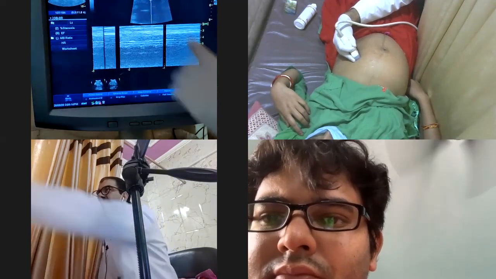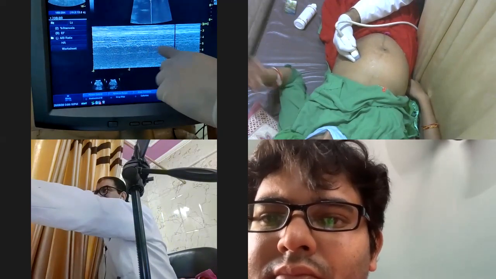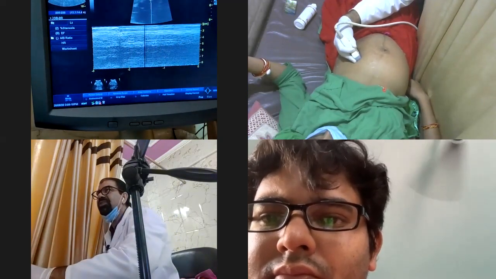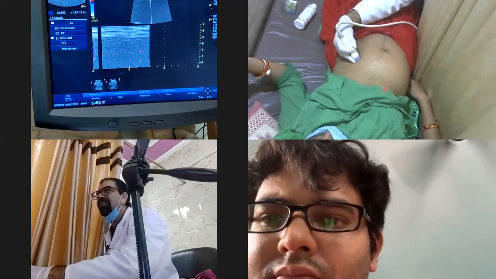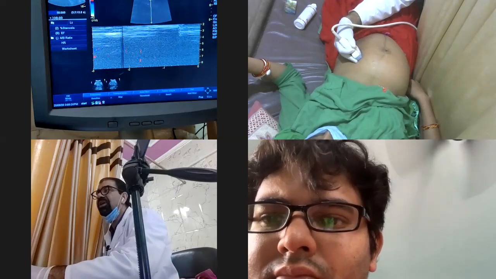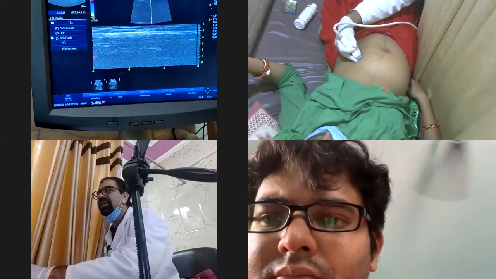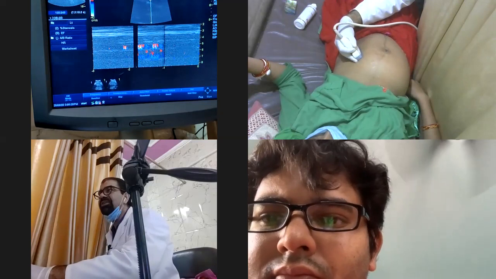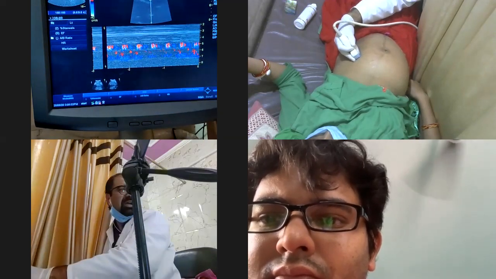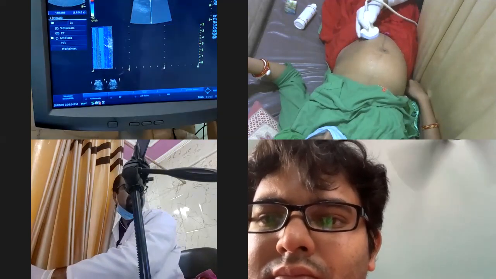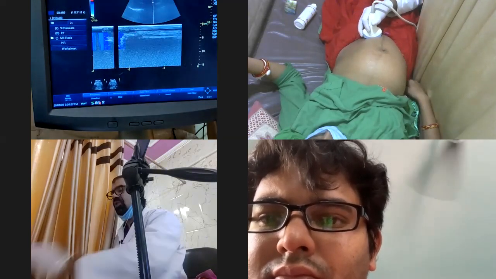After zooming, I will see the pulsations coming over here. And next, what to do is already discussed. So the point is that I have to switch from B mode to M mode to take the fetal heart. This is the pulsation which you will see when you are taking the fetal heart.